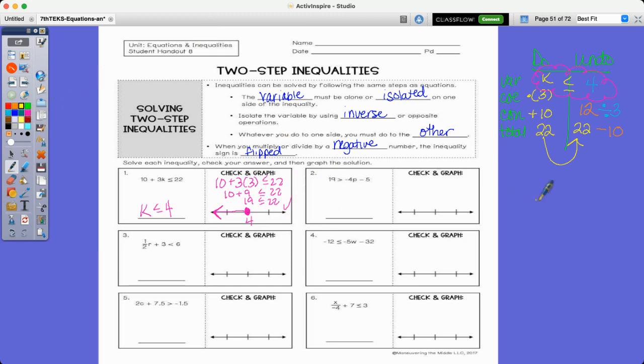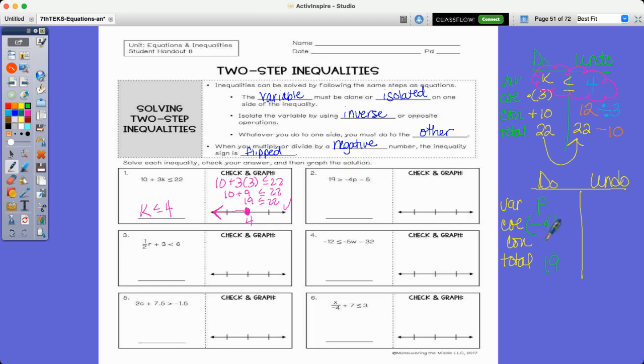Okay, we're going to do another do and undo model on number 2. Okay, we have 19 is greater than, oh, that's a total. That's going to go down here. Negative 4p minus 5. So my variable is this. My coefficient is times negative 4.